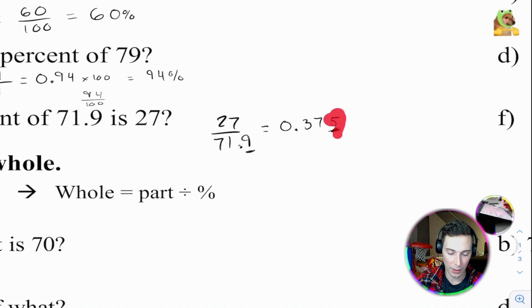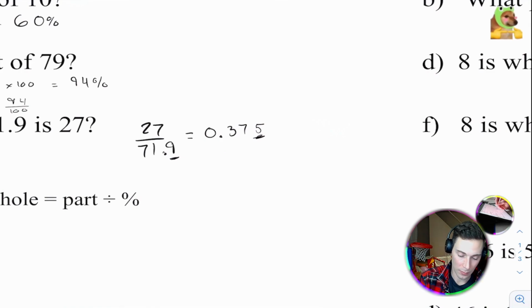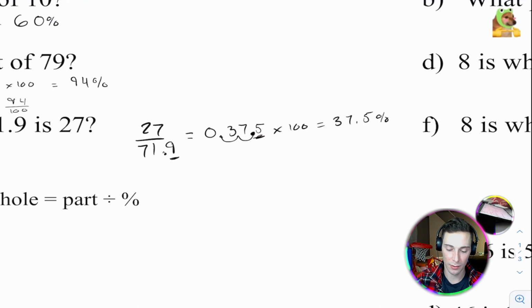So I'm keeping this because we already have this. No other reason, I just feel like it. Otherwise, you could round this up to 0.38. Instead of 375, it'd be 380. Anywho, so we can write this as a decimal multiplied by 100, and it's going to be equal to, moving our decimal place over 2 spots, 37.5%. Or you might have chosen to answer 38%.